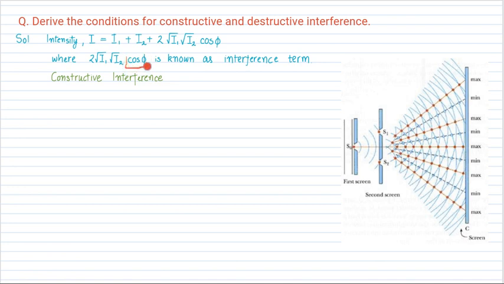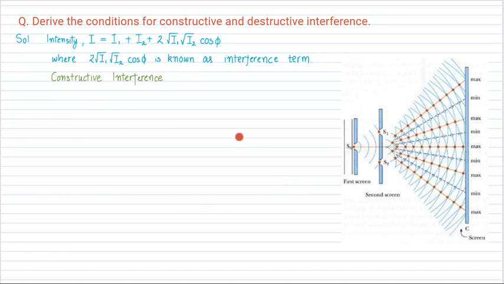If this term has the maximum value, then what happens to this term? This interference term will also have a maximum value. As we already know, this is a constant, this is a constant. So obviously your intensity will also be maximum. Therefore, you will have a maxima.